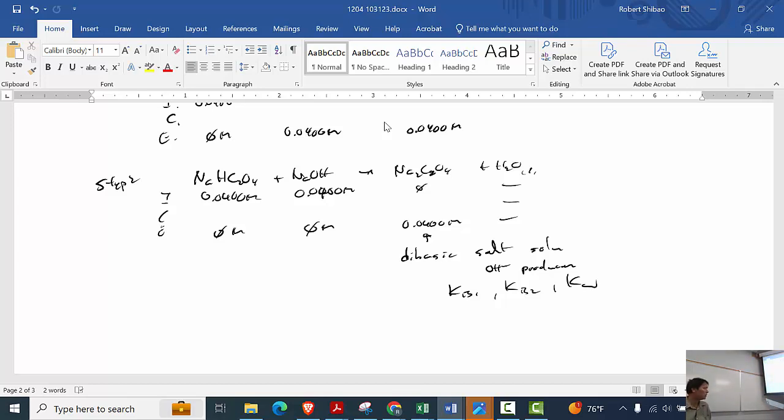And so let's take a look at the numbers and see if we need to worry about how many steps we have to do. We just want the pH. So KB1 for oxalate is equal to KW over Ka for hydrogen oxalate.